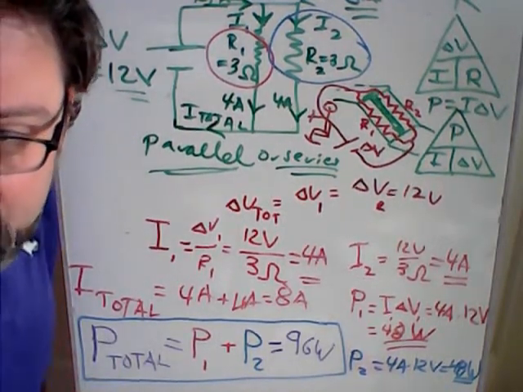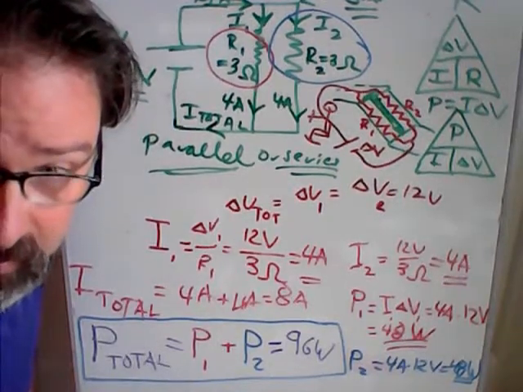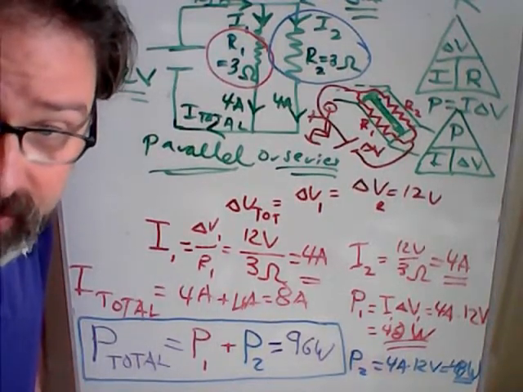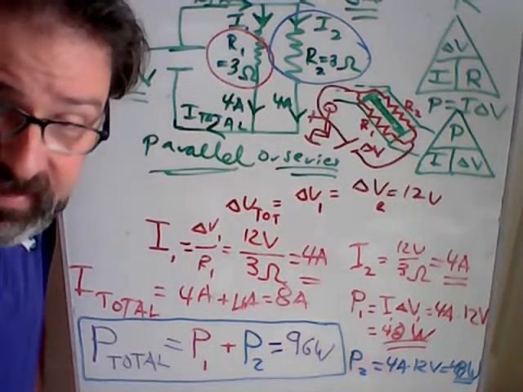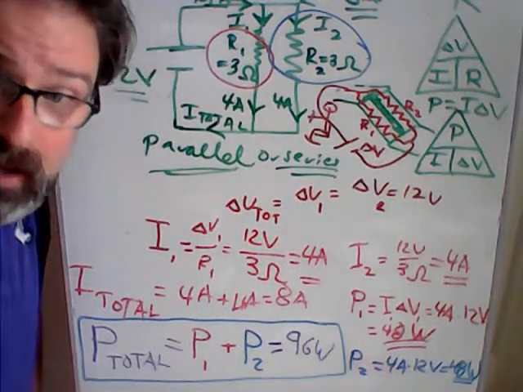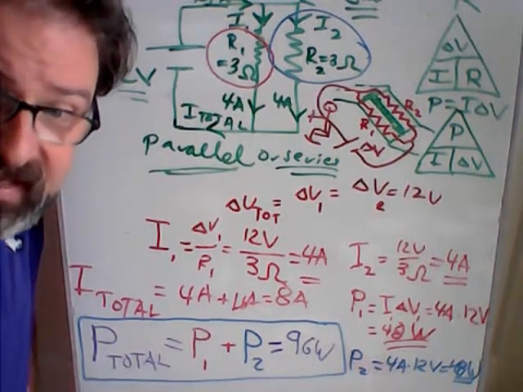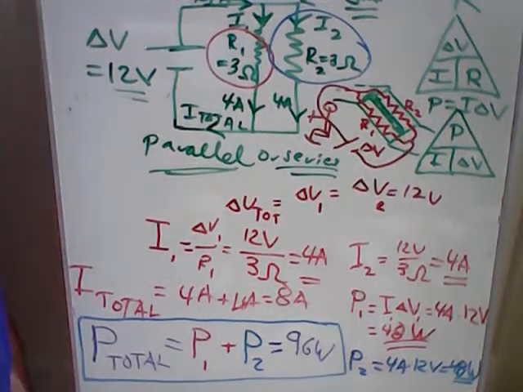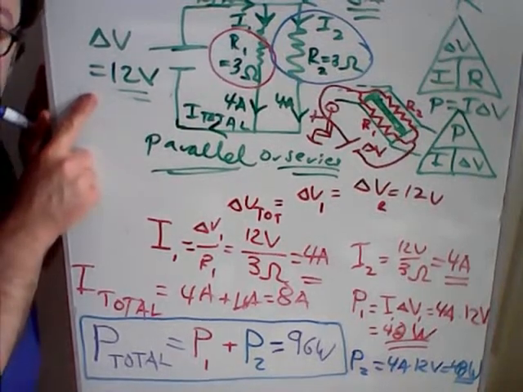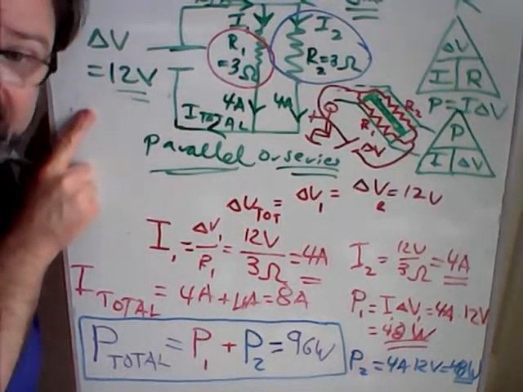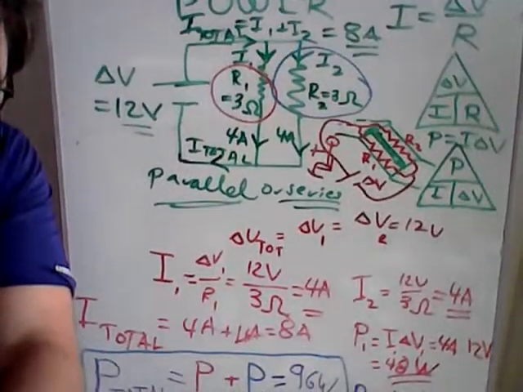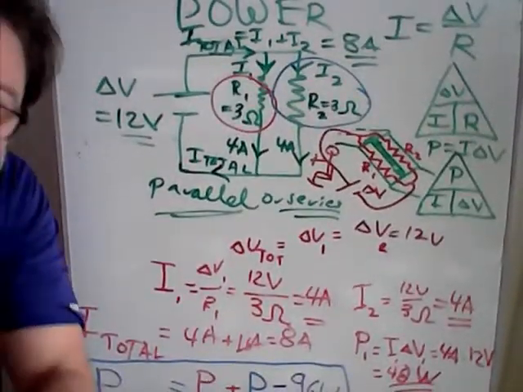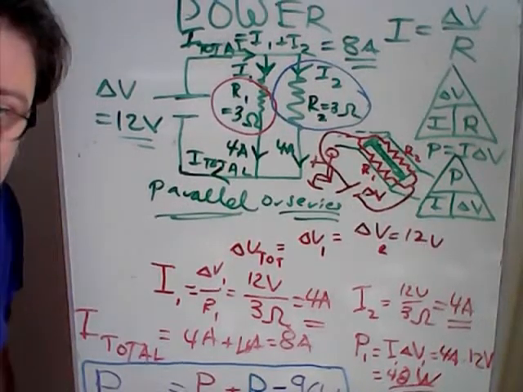To answer Inessa's question, yes, the overall power of your circuit can also be calculated by the overall current times the overall potential difference. That is correct, and it is the same number. So in our case, because we have 12 volts and we have 8 amps of current flowing as the overall current, therefore our overall power is 8 times 12 is 96 watts.